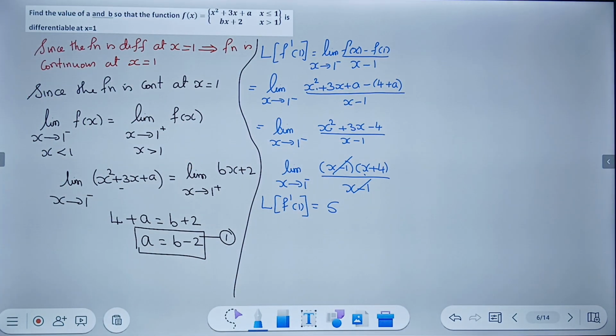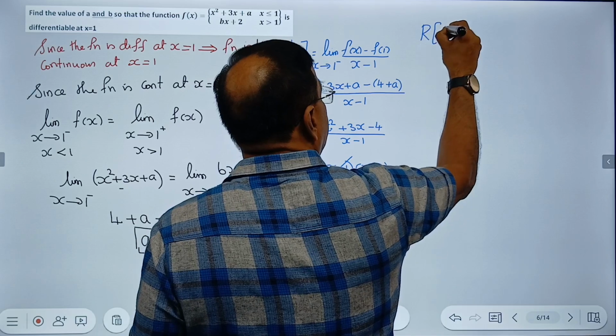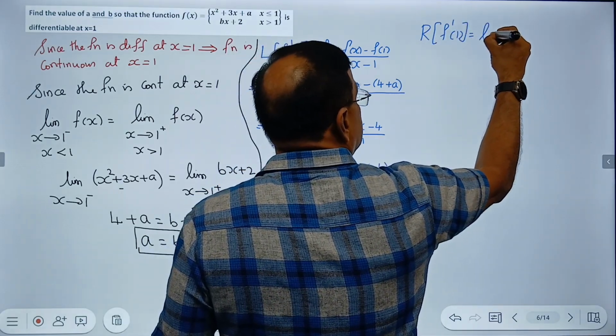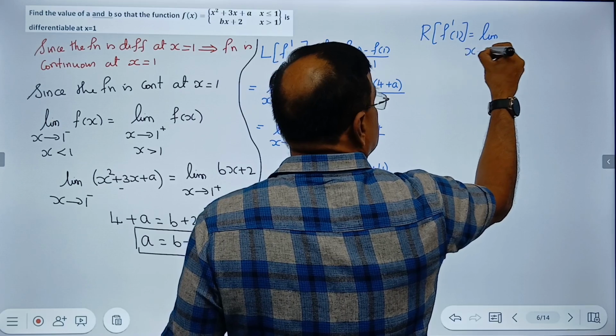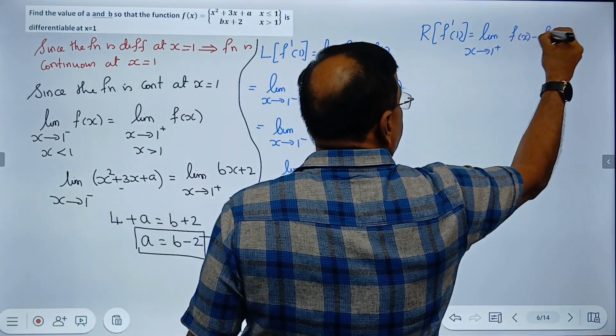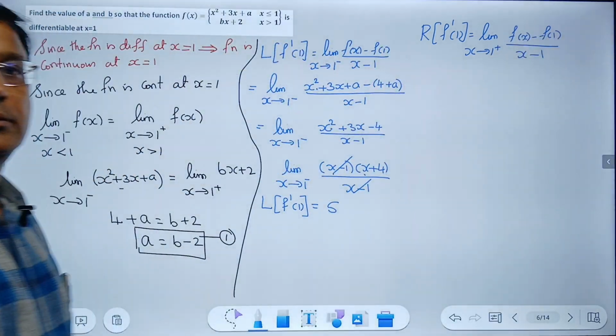So let it be there. Now let's go to the right hand derivative. So right hand derivative at 1. What is the formula? That is limit x approaches 1 plus, f of x minus f of 1 divided by x minus 1. Correct?